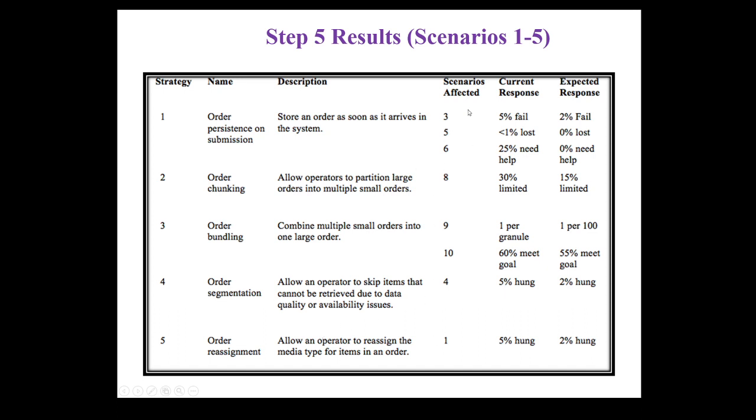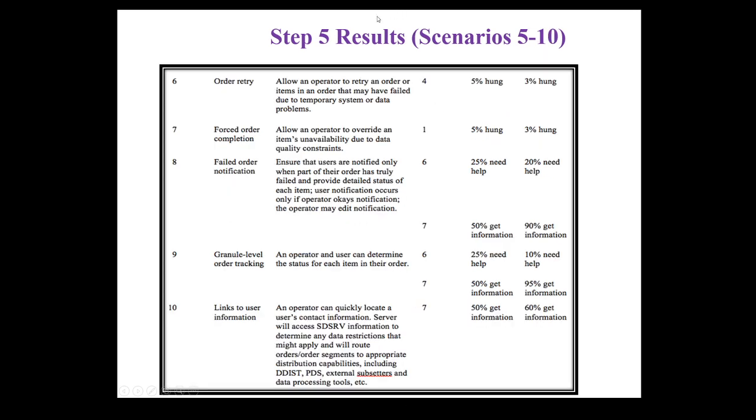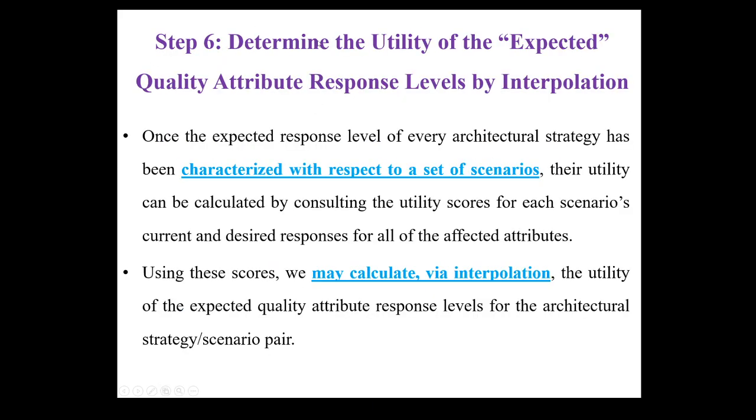The scenarios which are affected by this strategy have been listed here. In the same way for the 6th, 7th, 8th, and 9th strategies, which scenarios are affected and what the cases are.